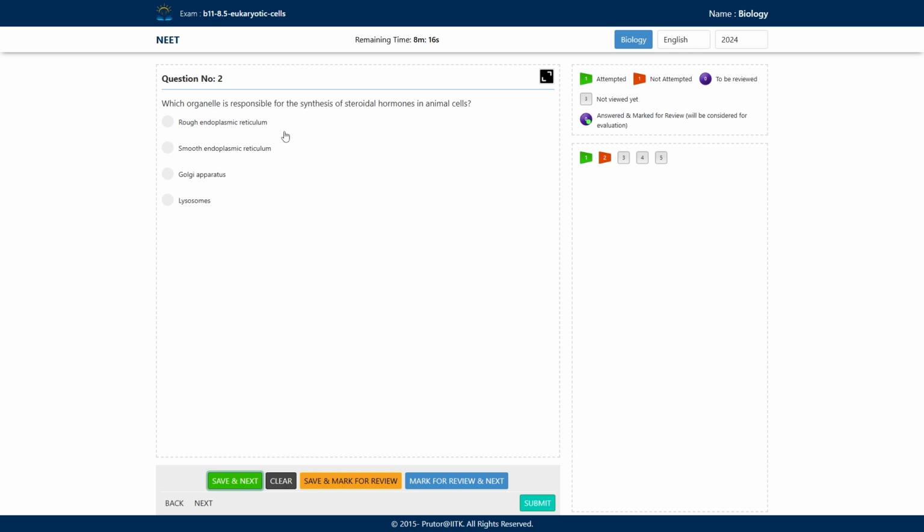The next question: which organelle is responsible for synthesis of steroidal hormones in the animal cells? Options are rough endoplasmic reticulum, smooth endoplasmic reticulum, Golgi apparatus, and lysosomes. What will be the correct answer?